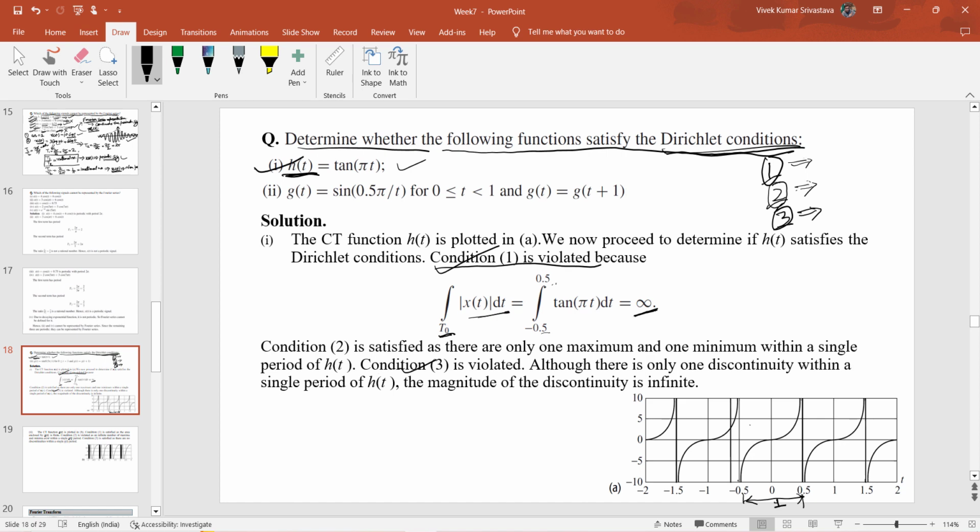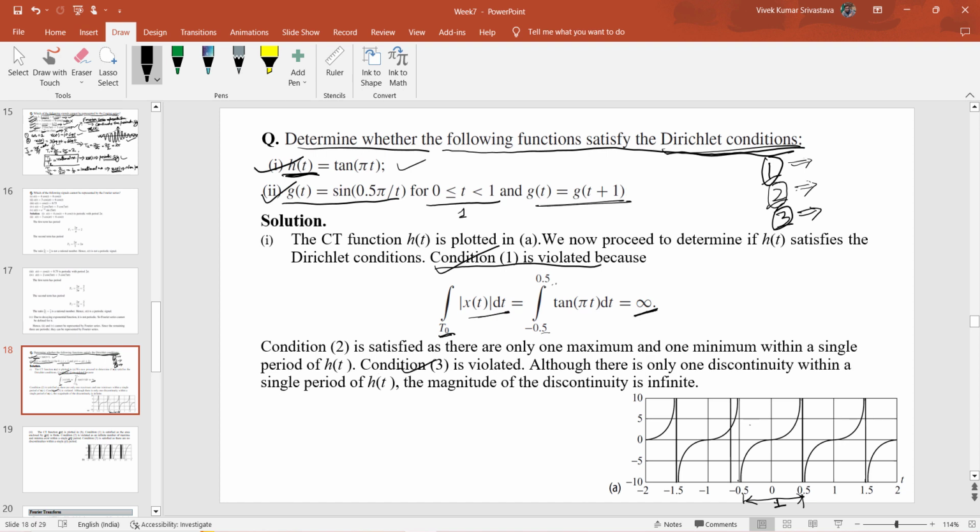Similarly, we can check the Dirichlet conditions for this signal g of t, which is sine of 0.5 pi by t. It is given in the question itself that it has a time period from 0 to 1, so the time period is 1 here.